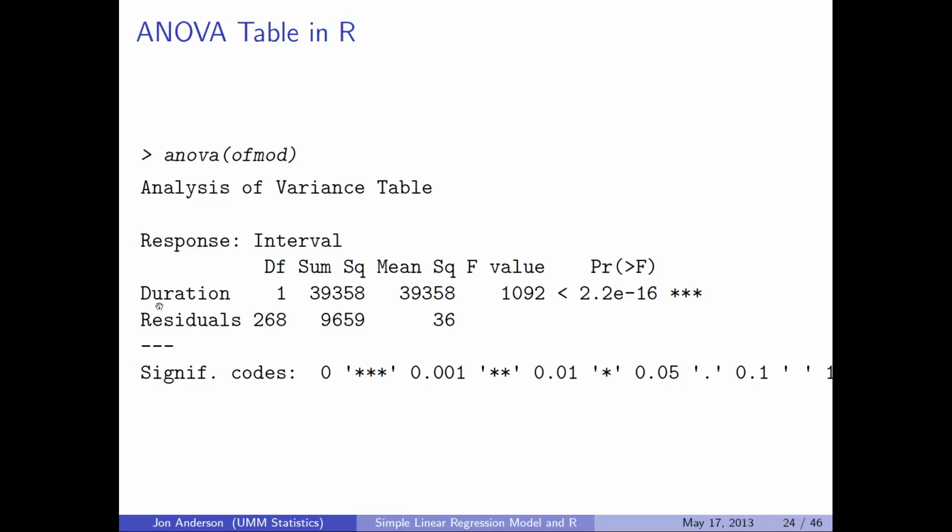The regression part from the model with 1 degree of freedom has variation of 39,358 between the summary line and the overall average, and then you'll notice the row for residuals has much less variation, data values around the line, compared to how the line differs from the overall average. Then we have a mean square and an F and a p-value section, which we'll also talk about later in this presentation.